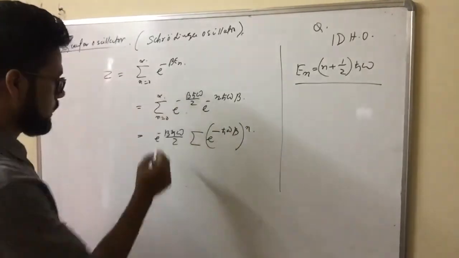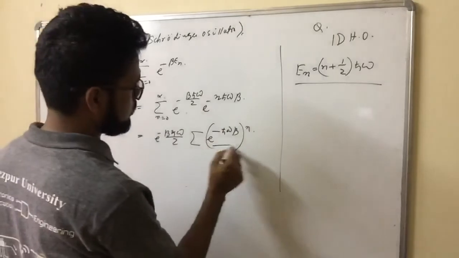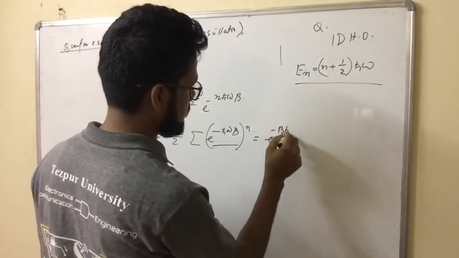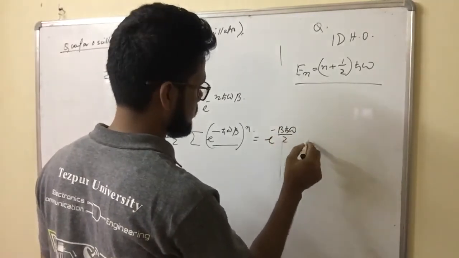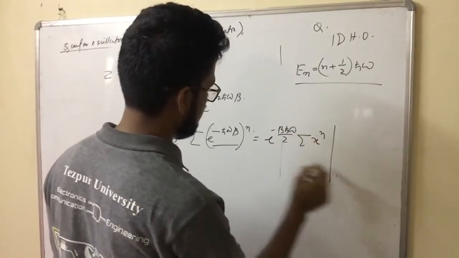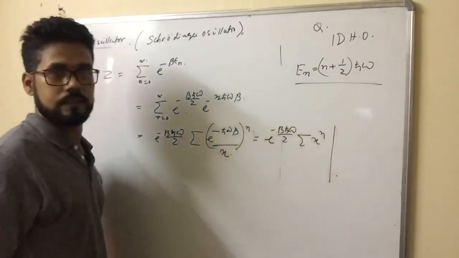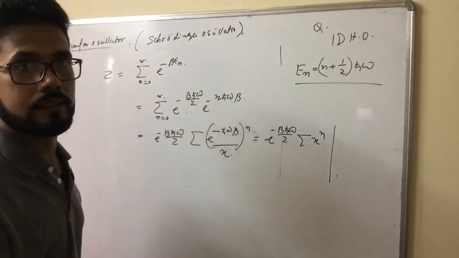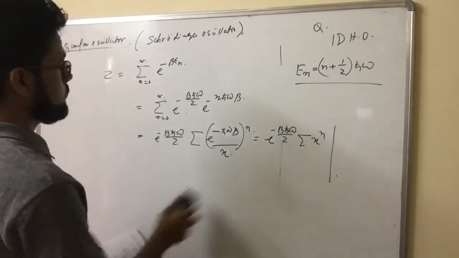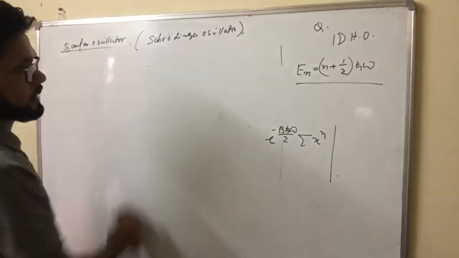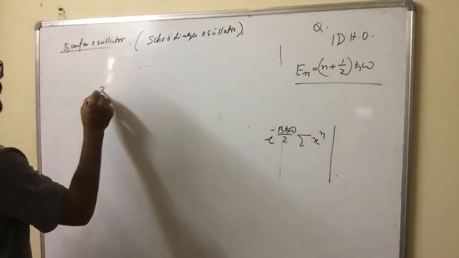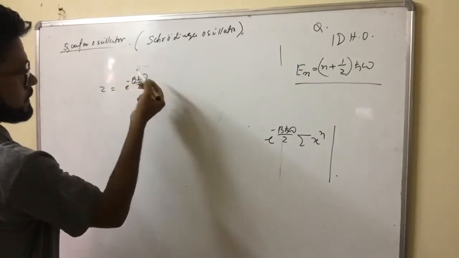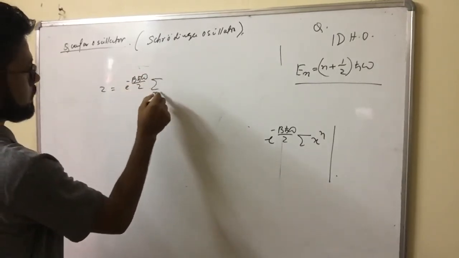Now the first term is a constant, so Z equals e to the power minus beta h cos omega by 2 times the sum of x to the power n, where x is e to the power minus beta h cos omega, n equal to 0 to infinity.